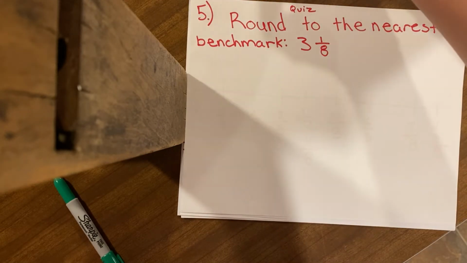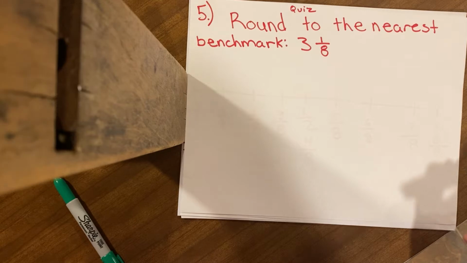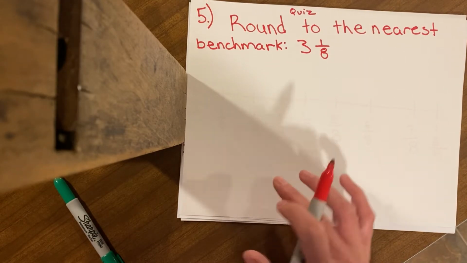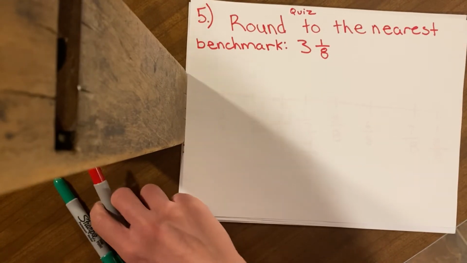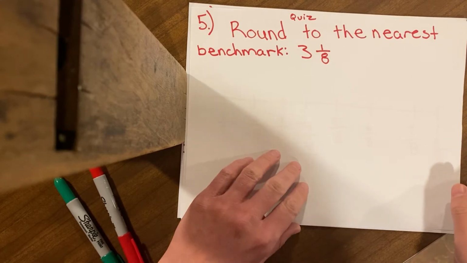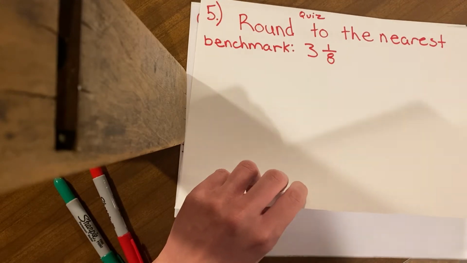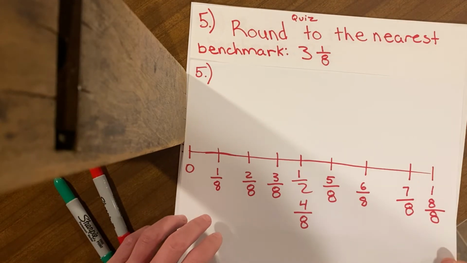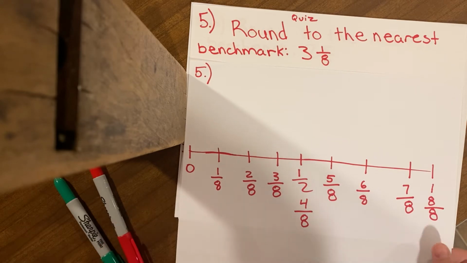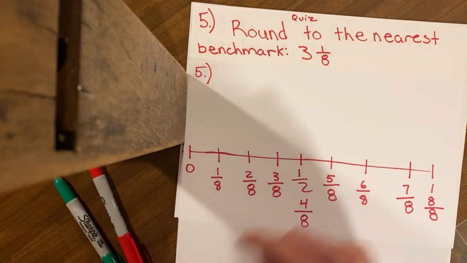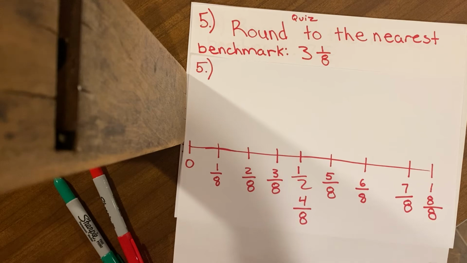Okay, so question number 5 is round to the nearest benchmark 3 and 1/8. So I made a number line for you to look at. So you're going to look at the number line. You're going to find 1/8.